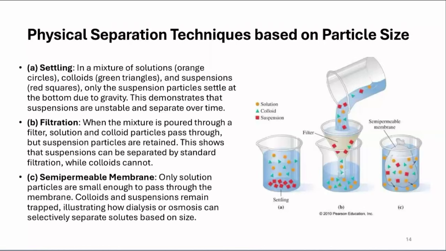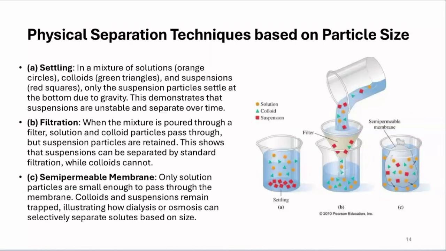We can see overall that when it comes to settling, suspension particles can settle on the bottom of a container due to gravity. This demonstrates that suspensions are unstable and they can separate over time. Solutions and colloids do not tend to settle.